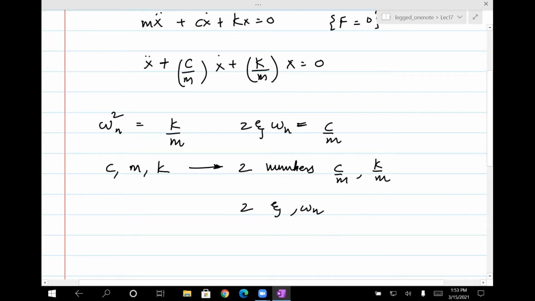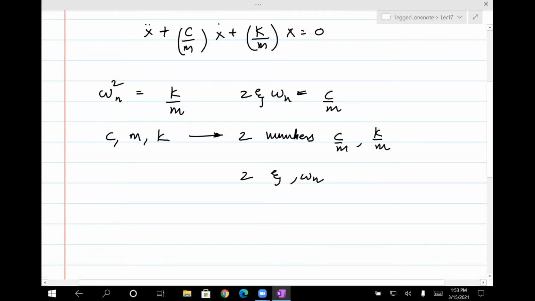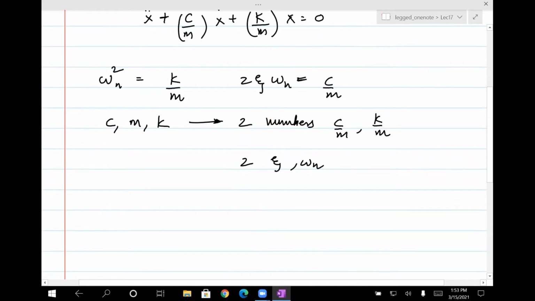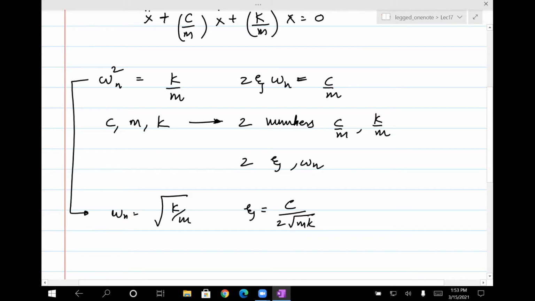And so this is totally equivalent. It's not like we have reduced three numbers to two numbers. That's not the case. Okay, so we can write these from the two equations as omega n equals square root of k divided by m, and the damping factor equals c divided by 2 square root of m k.